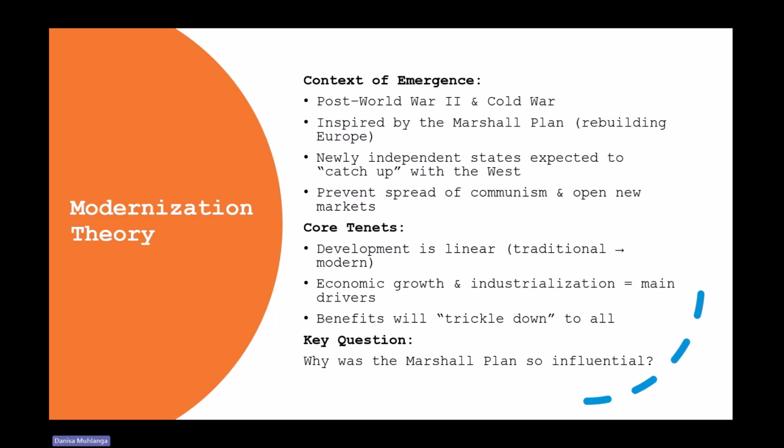So it also says that the benefits of modernization theory trickle down to all. So we have done this, right? You remember all these, but in our previous sessions, we were talking about a whole lot of things.